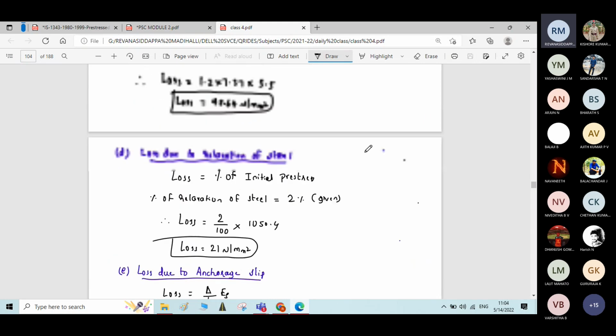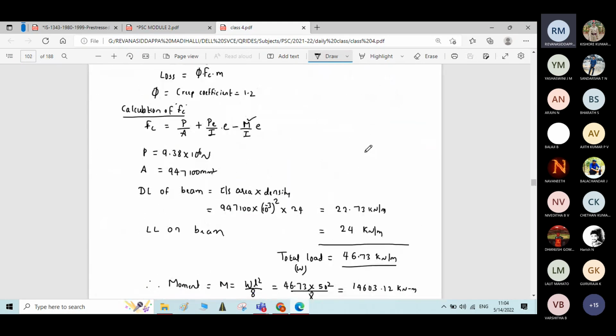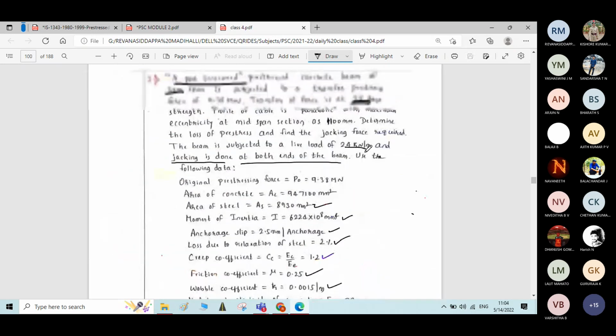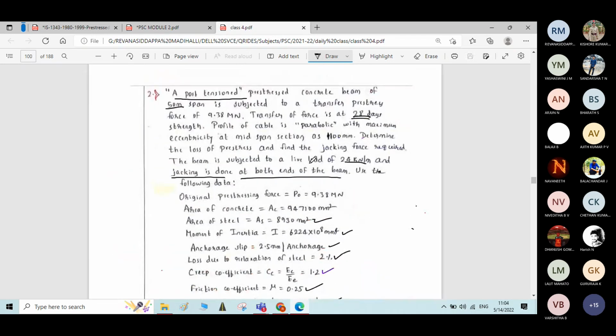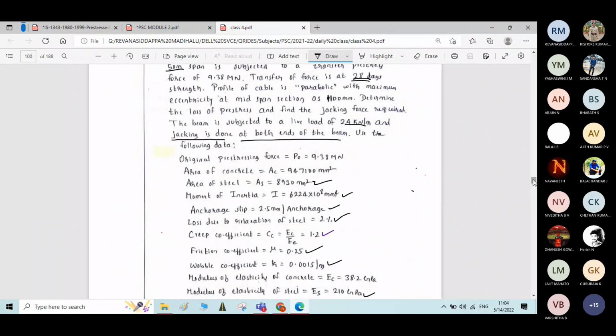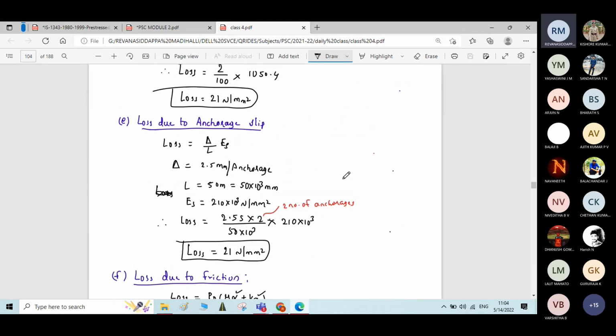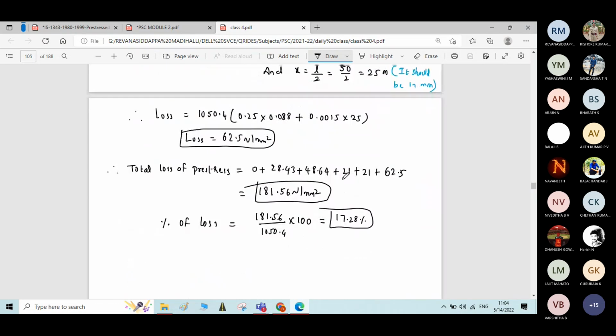There is one more question at the last. What is that question? Just go through it. He asked to determine the loss of pre-stress, which we have already determined, and find the jacking force required so as to overcome all the losses.